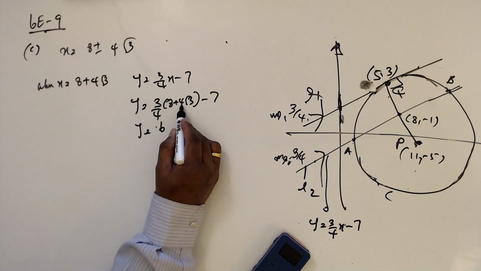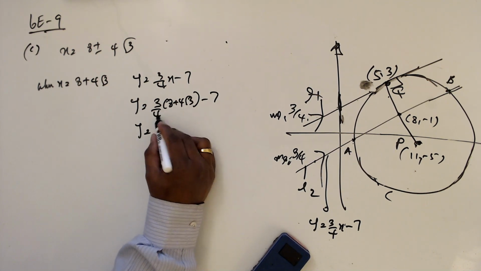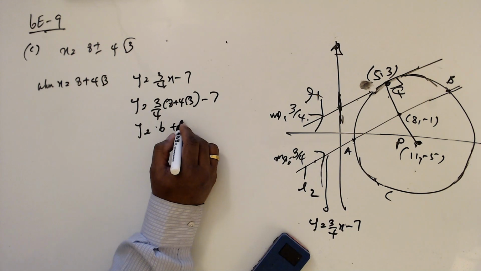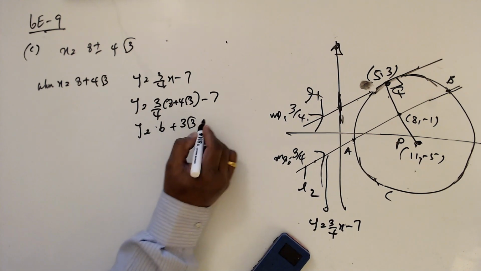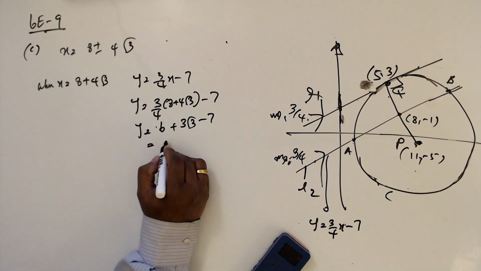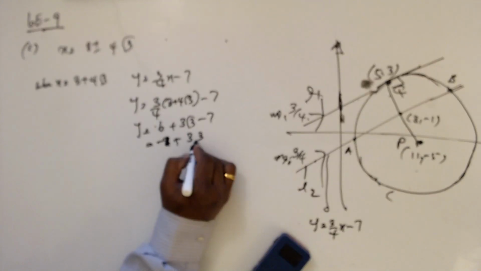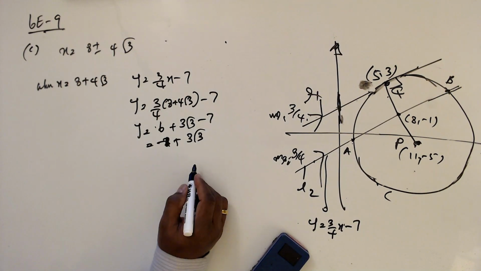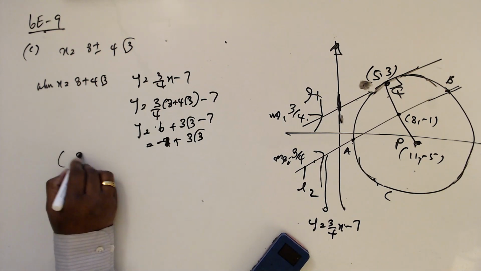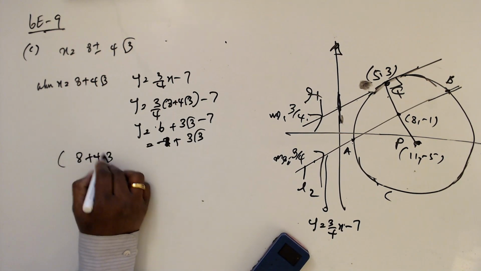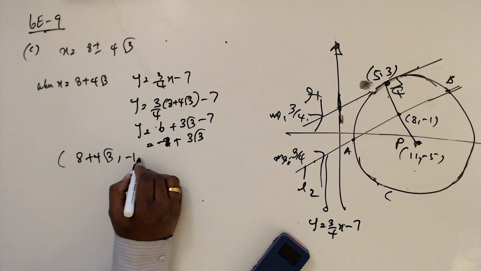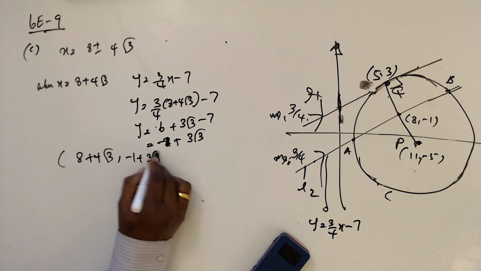Then 3 times 4 is 12, divided by 4, this is going to be 3 square root 3, minus 7, which is minus 1 plus 3 square root 3. So the coordinate is (8 plus 4 square root 3, minus 1 plus 3 square root 3).